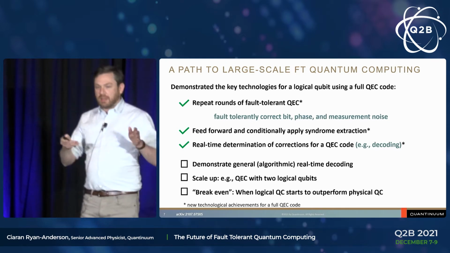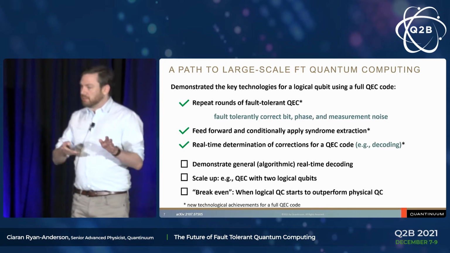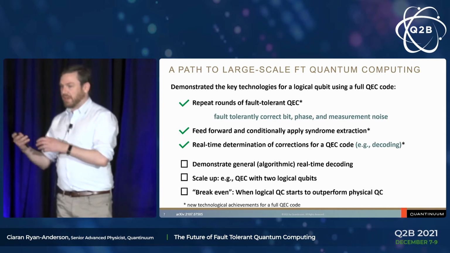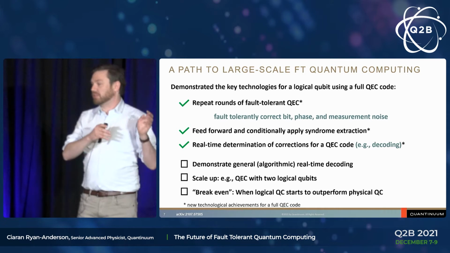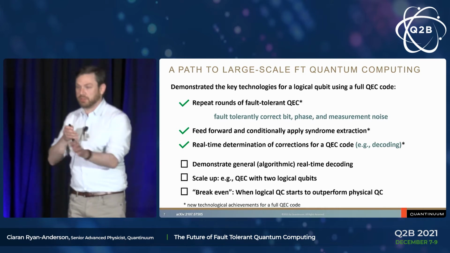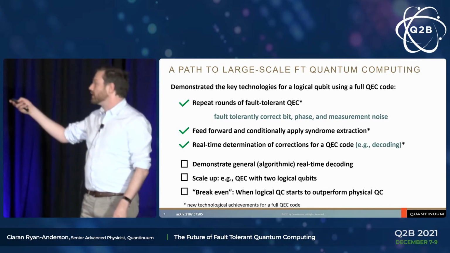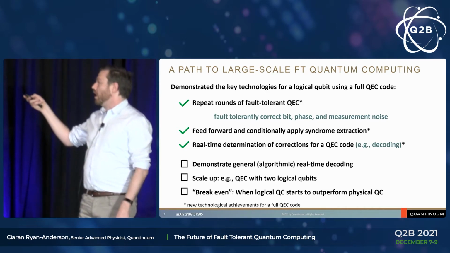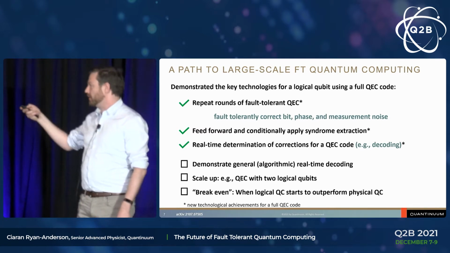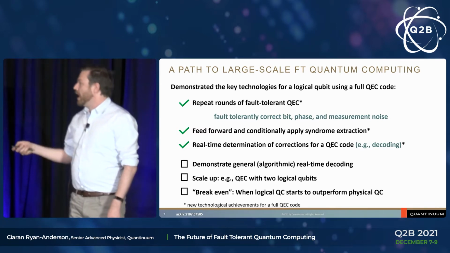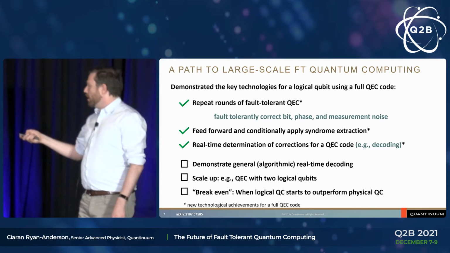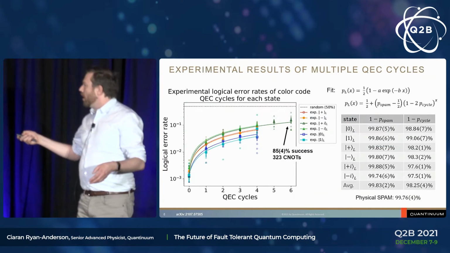And you want to do that because for arbitrary, long computations, you can't just look at the information after the fact, after you've run the experiments. You need to determine the corrections during the computation, because there are certain operations that don't allow you to push those corrections all the way to the end. So this is another first for full quantum error correction codes that can handle both phase and bit flip as well as measurement errors. And so that's where we were at a year ago.